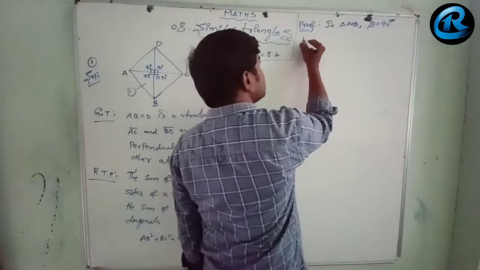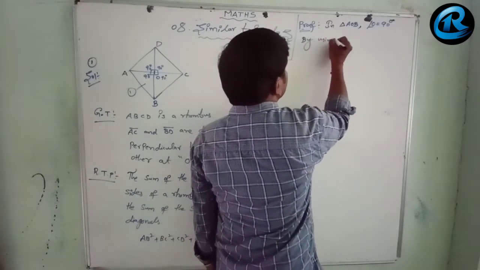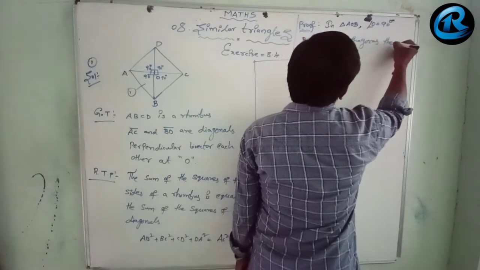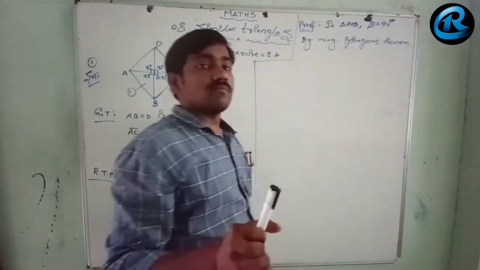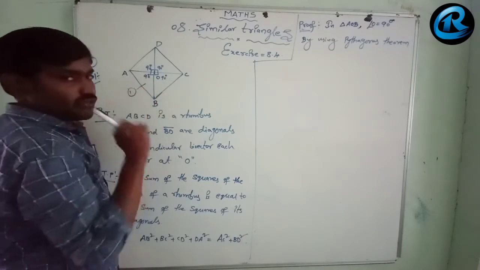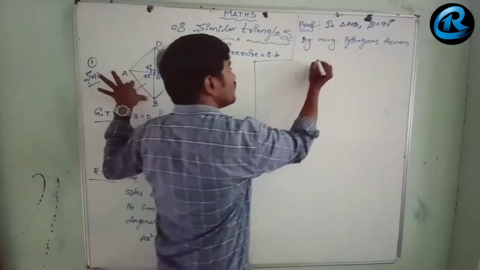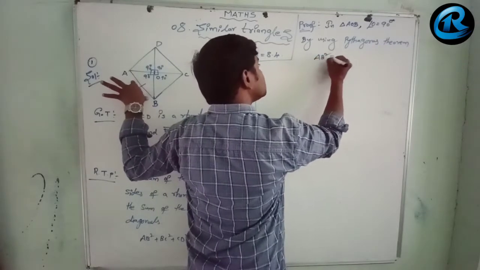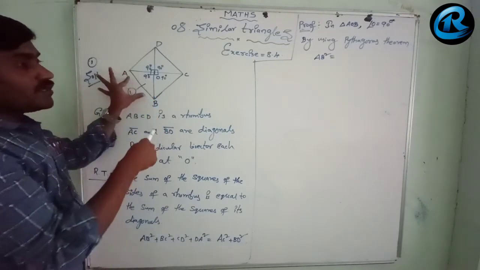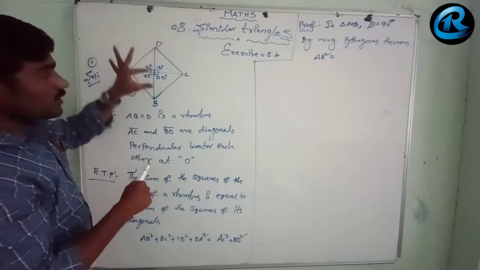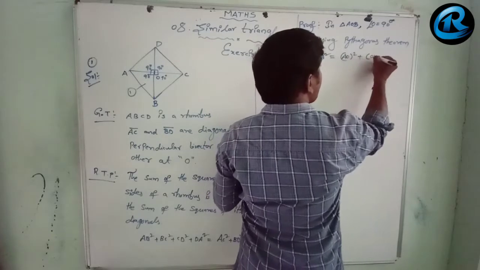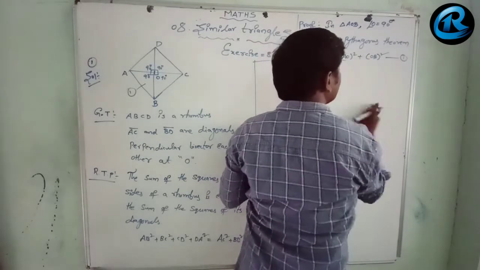By using the Pythagoras theorem, the square of the hypotenuse is always equal to the sum of the squares of the other two sides. The hypotenuse of triangle AOB is opposite the 90 degrees, that is AB. So AB square equals AO square plus OB square. This is equation number 1.